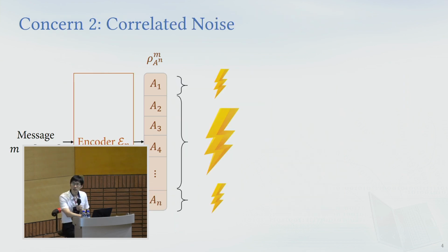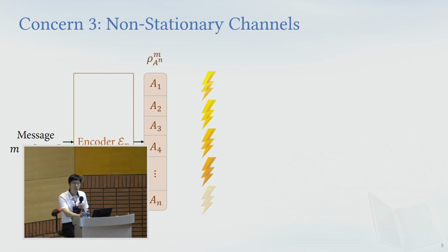The second concern is that the actual noise might not be identical, meaning that there may be some correlated noise among several quantum systems. Third, even if the noises are independent, they might not be identical, meaning that the noise acting on the first qubit might not be identical to the noise acting on the last qubit. So the underlying quantum noise might not be IID.